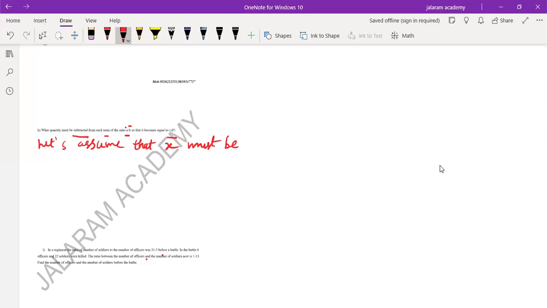So let's assume that X must be subtracted from each term of A is to B, means X is subtracted from A and X is subtracted from B. So what will it become when we subtract X from A and X from B?